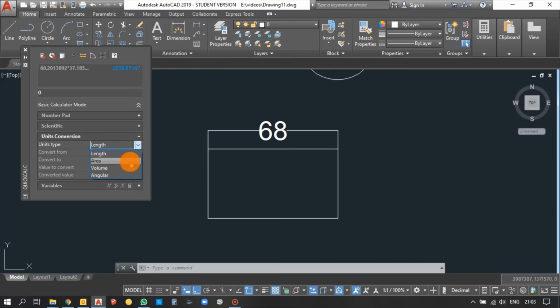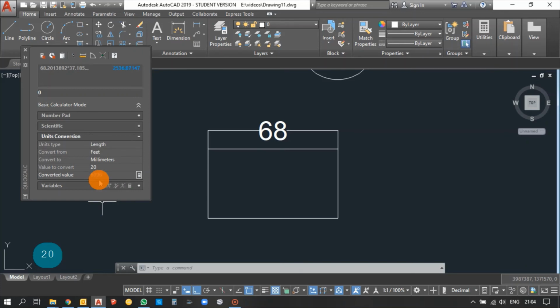It is selected as length, and it has to be converted from feet to millimeter. My output will be in millimeter, my input will be in feet. For example, my client has decided to provide me 20 feet. What will be my millimeter? It is 6096, the converted value in millimeter.